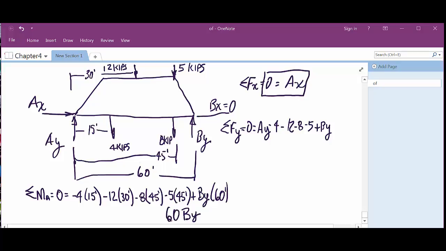60 BY, leave it where it's at, everything else goes to the other side of the equation. You end up with 4 times 15, 60, plus 12 times 30, plus 8 times 45, plus 5 times 45. Oh, it'd help if I turned the light on.